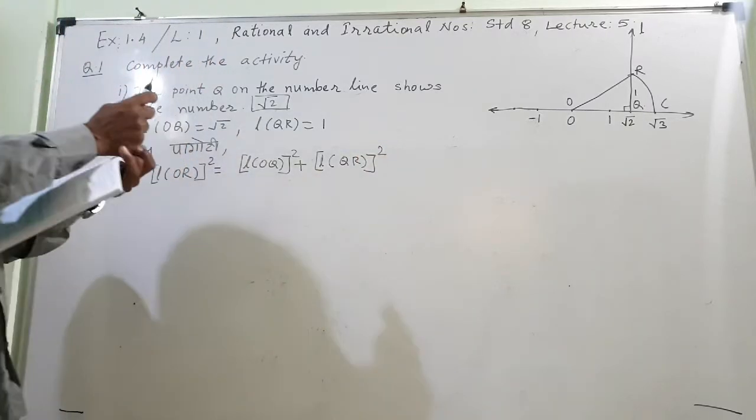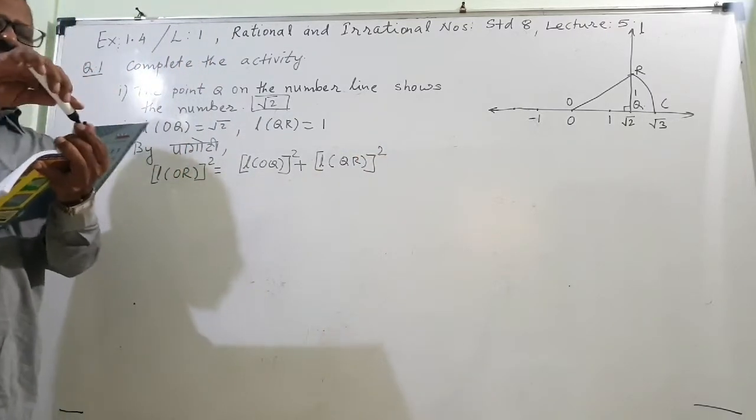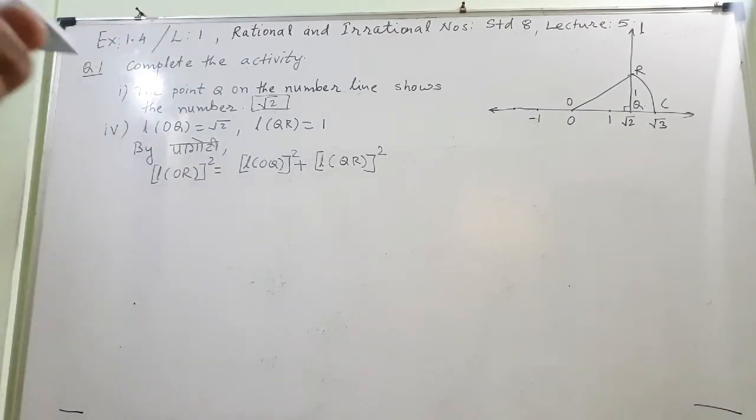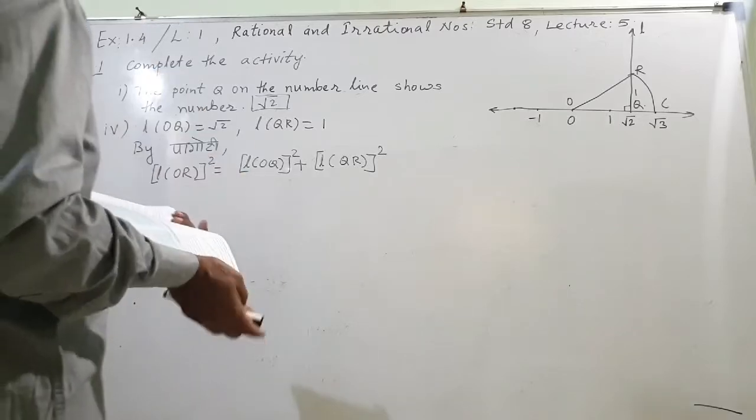This is the Pythagoras theorem. What is Pythagoras theorem? You know. Hypotenuse square is equal to one side square plus other side square.